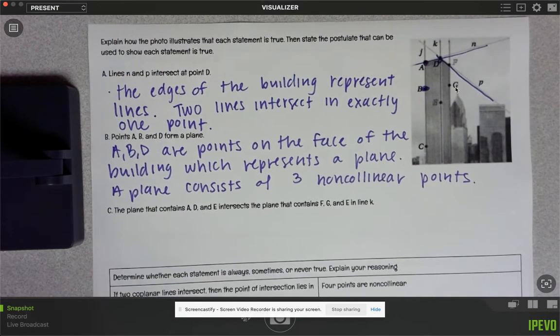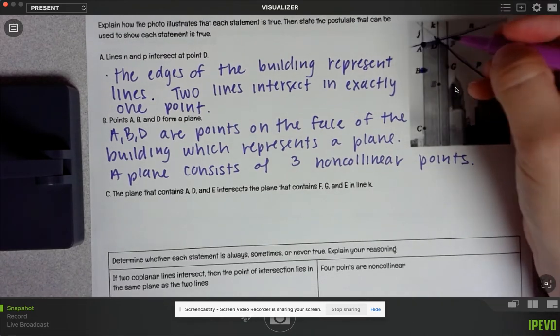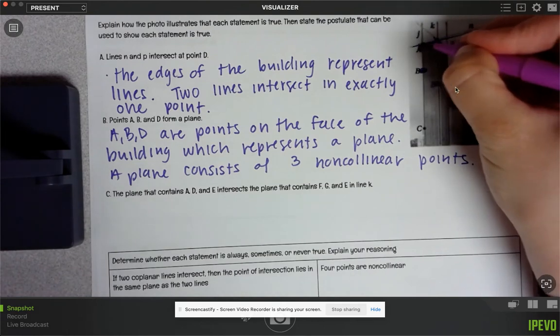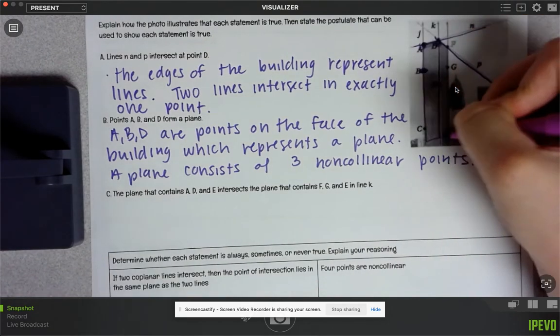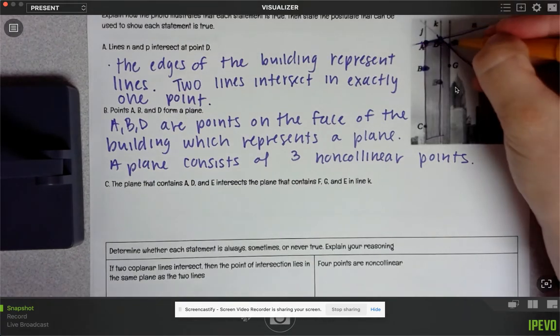Okay, then this last one: the plane that contains A, D, and E intersects the plane that contains F, G, and E in line K. Kind of a lot going on there. So let's find this plane first. ADE is right here. This front wall of that building intersects EFG, this wall here.